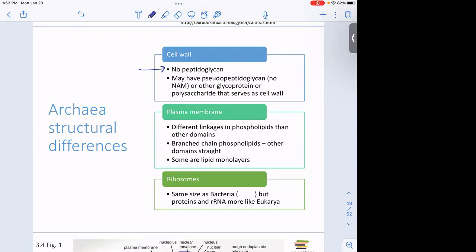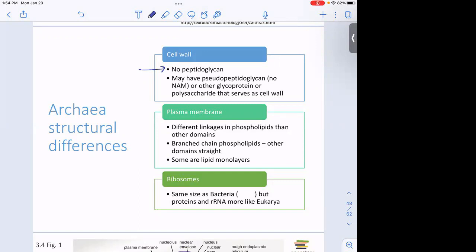Archaea usually have a cell wall, but they don't have peptidoglycan. Any of the eukaryotes that have a cell wall do not have peptidoglycan either. The Archaea can have something very similar, so similar that they call it pseudo-peptidoglycan, but it's not quite the same structure. And there's a lot of variability there as well.